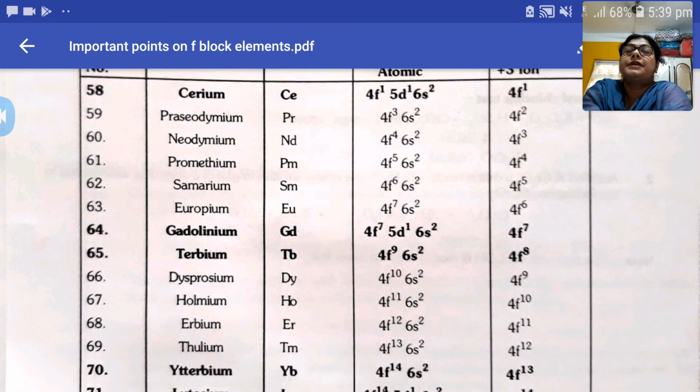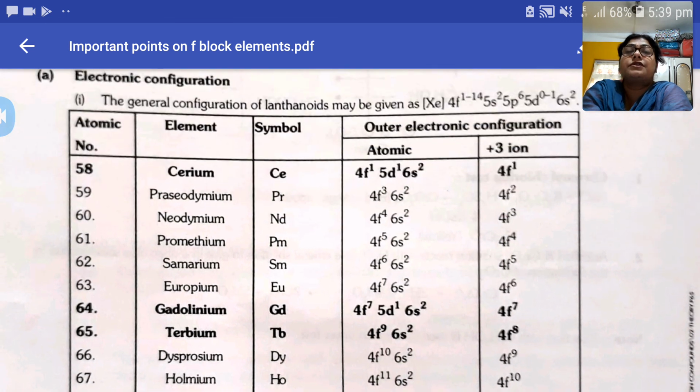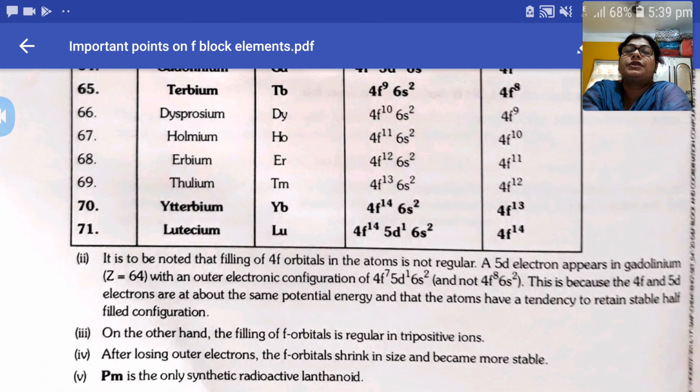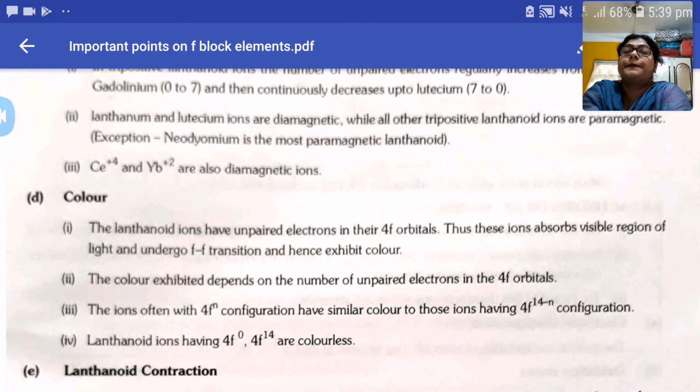Okay, so please remember in the lanthanides as well as in the actinoids, which are the elements which will have 4f7 electrons in their orbital, or which will have completely filled electrons in the 4f orbital in case of lanthanoids, and in case of actinoids also. You need to remember the names along with the symbols. Okay, if you go through the characteristic properties, it will be very easy to remember.